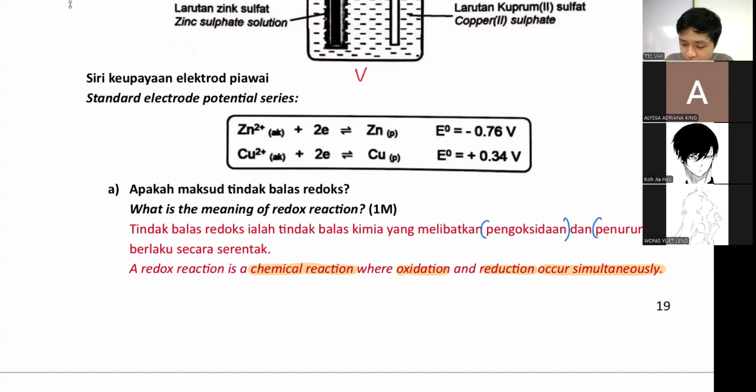Yang berlaku secara serentak. Okay, I know it's 1 mark, 1 mark for the meaning of redox reaction. But it's not that hard, because just remember this chapter is redox. Redox means you have these two happening at the same time.